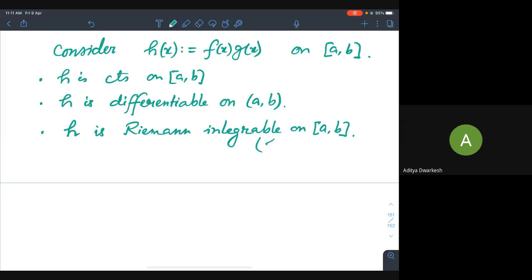This is because h is continuous on [a,b].